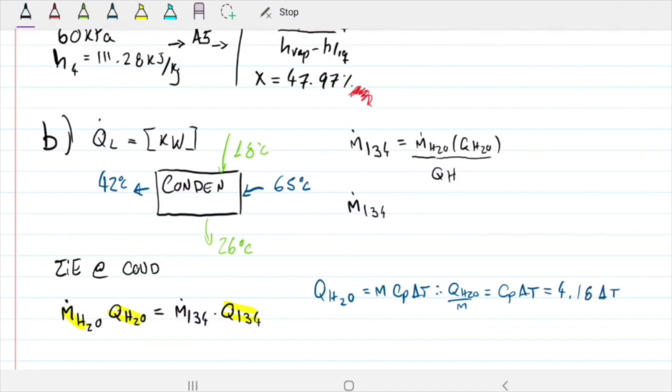So my mass flow rate of 134a is going to be 0.25 kilograms per second times 4.18 times the difference in temperature, which is 8, divided by H2 minus H3. That's 295 minus 111. And this turns out to be, well, it's a big number, 0.045454948. Let's just round it up to 0.04545.